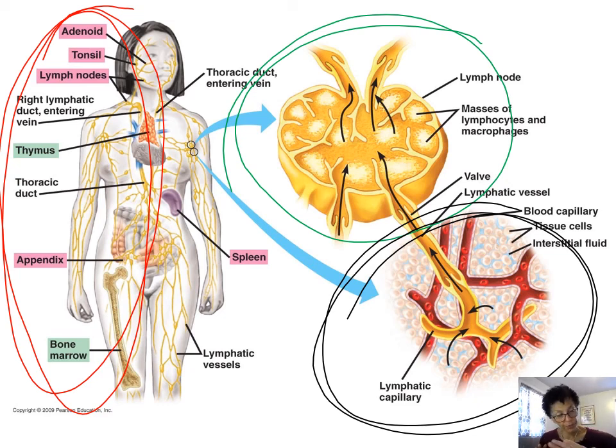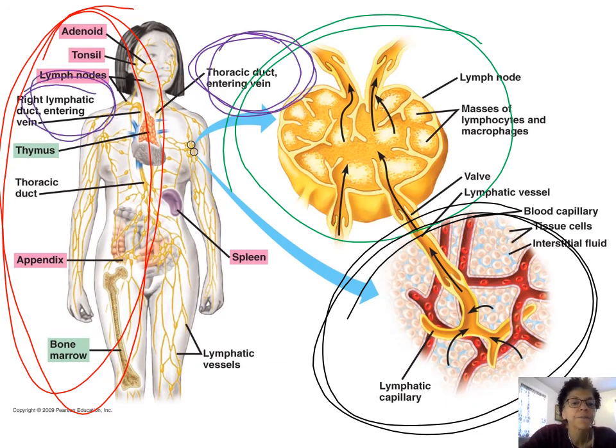Once you start to move the fluid, and we rely on skeletal muscle pump and respiratory pump to move lymph through them, then it'll go again, collect it in a capillary, move it in a vessel, filter lymph in a lymph node, move it out on a vessel. Smaller vessels converge to form bigger vessels called trunks. And you will eventually return it to the blood supply in a duct, one of these two ducts.